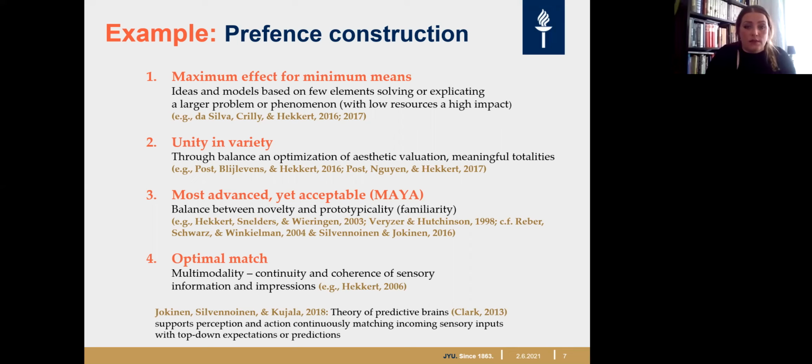So these are the four often utilized principles to understand how people balance between sense-making and the affective side.